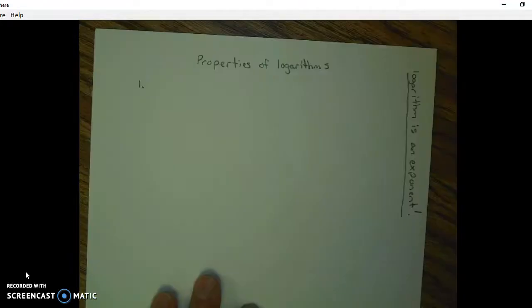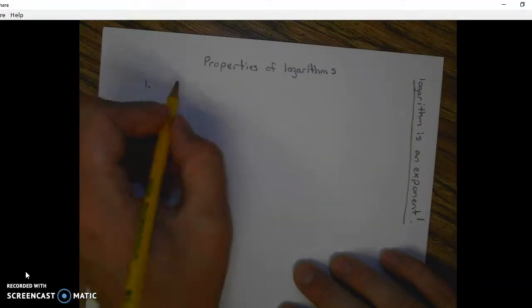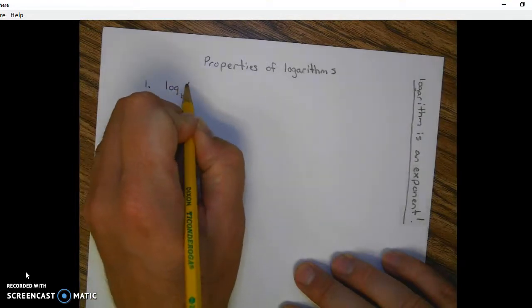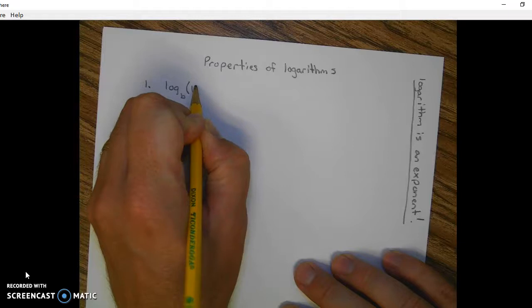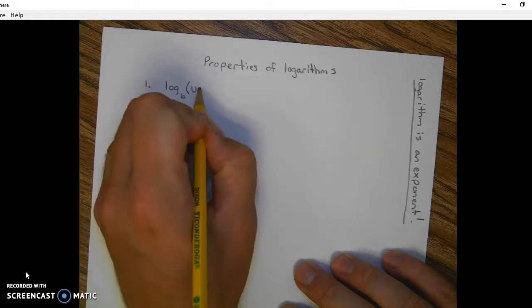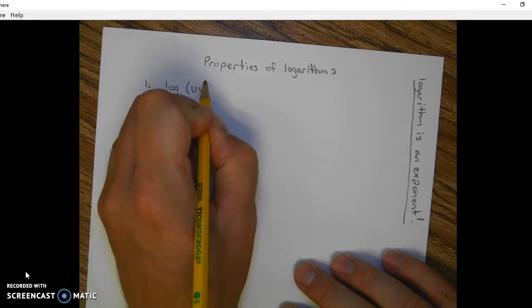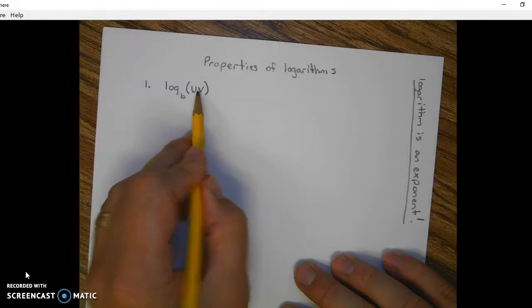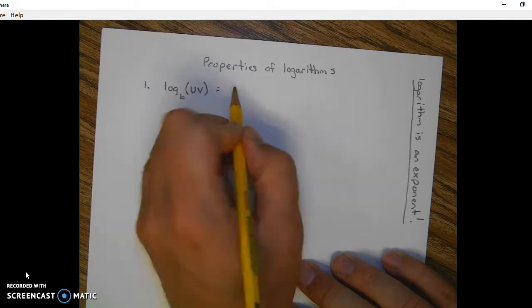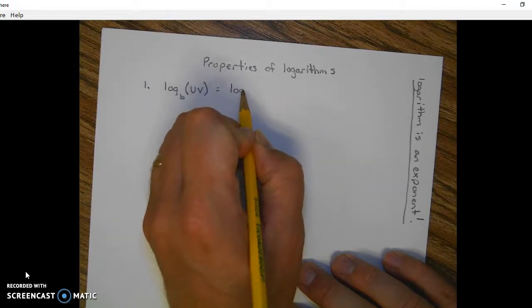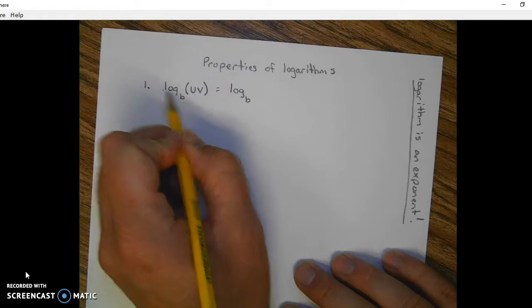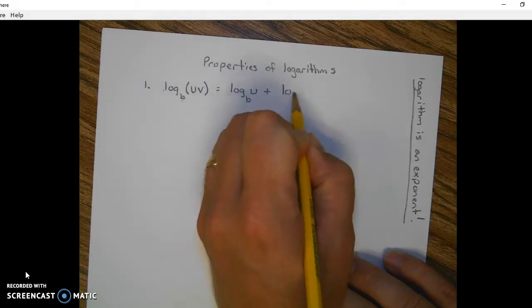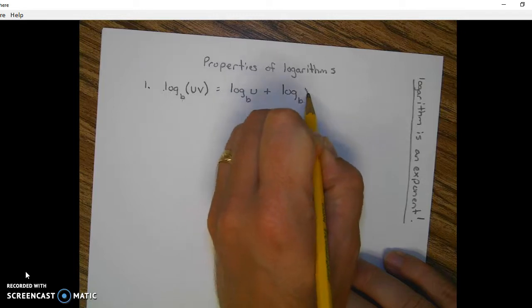Properties of logarithms. The first property we're going to look at is when we have log base b of something times something else, so we're multiplying these together. What you can do is split it up into addition. So we can do log base b of u plus log base b of v.